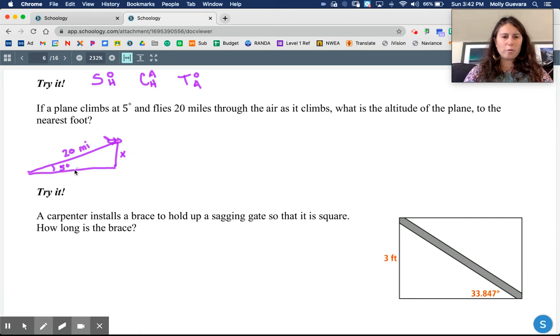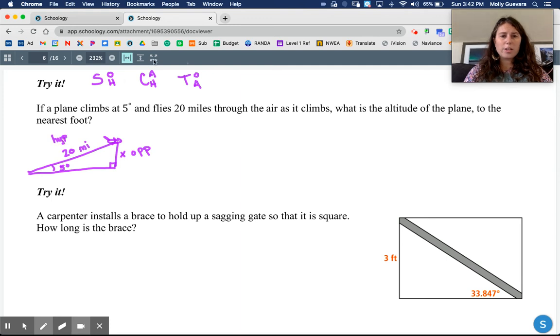Okay, so let's look here. Hopefully we tried it. We need to figure out what sides we have. Here's my 90-degree angle. So x is across from the 5 degrees, right? Everything goes off the angle we know. The angle we know is 5 degrees. X is across from that, so that's opposite. And the 20 is across from the right angle, so that's my hypotenuse.